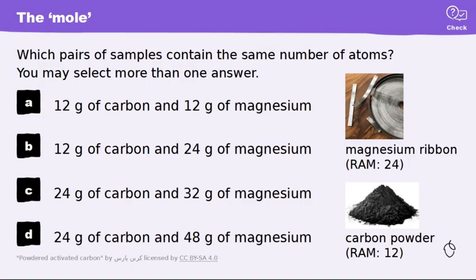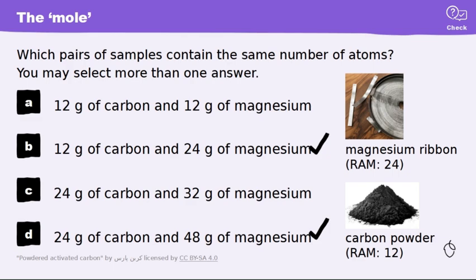Okay, so let's see what we understand about the mole. Which pairs of samples contain the same number of atoms? You may select more than one answer. If you said B and D, you're absolutely correct. 12 grams of carbon is 1 mole, and 24 grams of magnesium is also 1 mole, and they would both contain the same number of atoms.